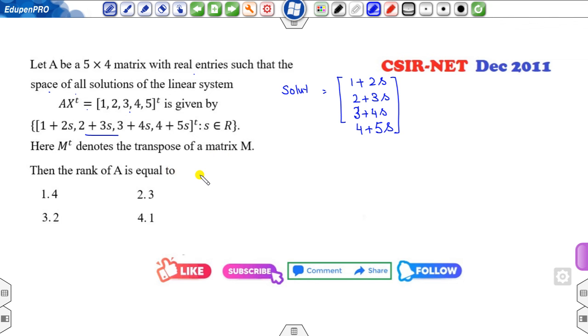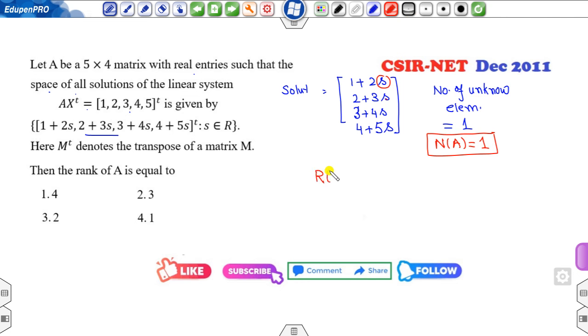Then what is the rank of this matrix? Very simple. How many unknown elements are in this solution? One, that is s. So that unknown element is my nullity.